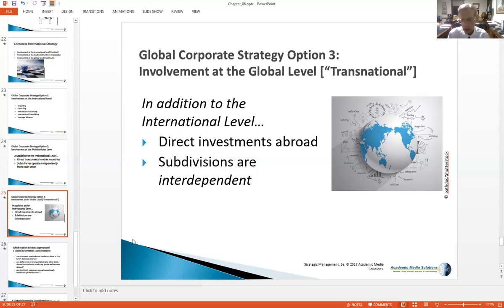So when you learn how to make a product or a component for a product in one country, and you learn how to do that very well, you can take that knowledge, if it improves upon methods in other divisions around the world, and take that knowledge to those other divisions. And so companies can benefit from each other within a global framework.